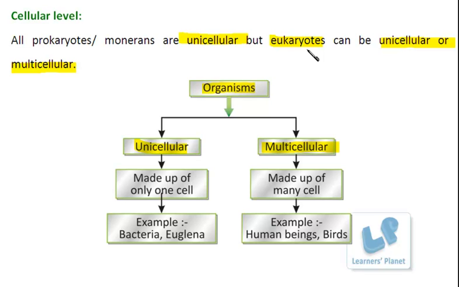So out of all these four groups, the very first one, that is the protista, this eukaryotic group is unicellular. So in other words, all eukaryotic unicellular organisms form a common group which is known as the group protista.